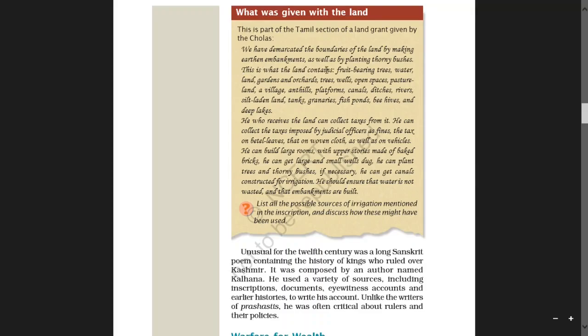This is what the land contains: fruit bearing trees, waterland, gardens and orchards, trees, wells, open spaces, pasture land, a village, ant hills. Ant hills means a nest in the form of a mound built by ants or termites.